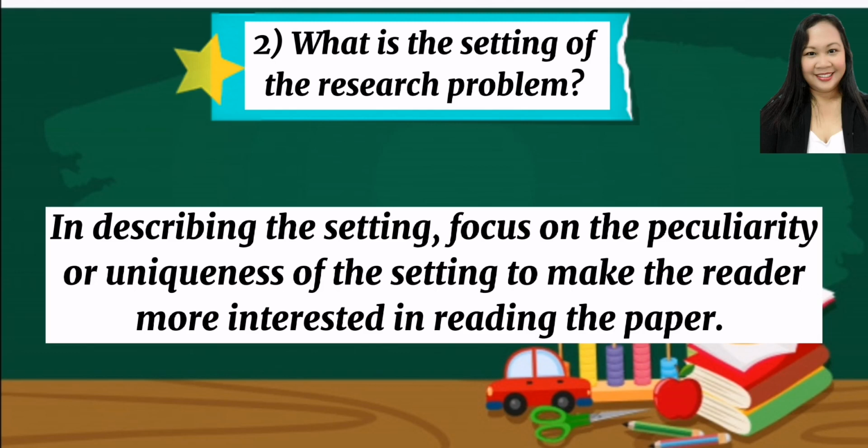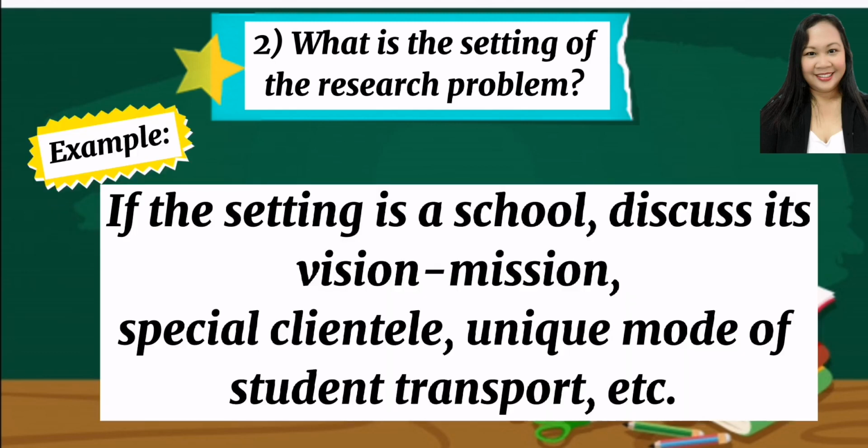In describing the setting, focus on the peculiarity or uniqueness of the setting to make the reader more interested in reading the paper. For example, if the setting is a school, discuss its vision, mission, special clientele, unique mode of student transport, etc.